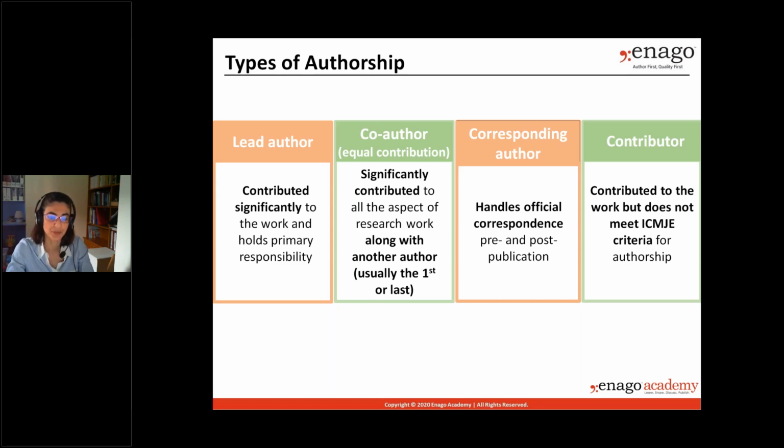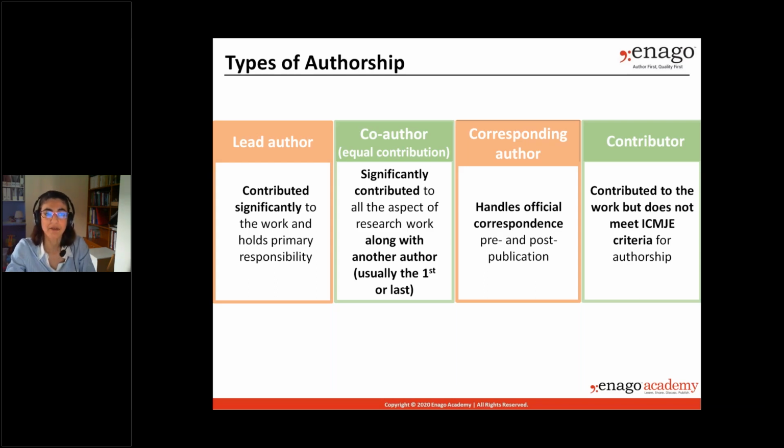Beyond the equal contribution, you have all the other middle authors in the manuscript, and we will discuss in the slides to come considerations for how to determine the priorities and the order of their names. And then you have the corresponding author who handles the official correspondence before and after the publication.